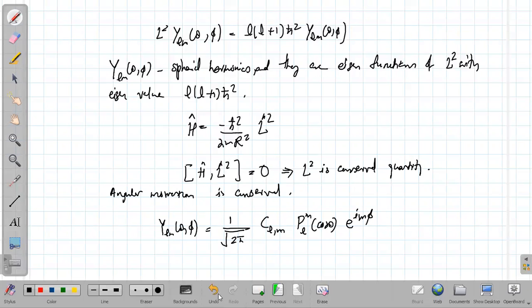The associated Legendre polynomial is P_lm, and we know how to find it, because this can be defined in terms of the Legendre polynomial.